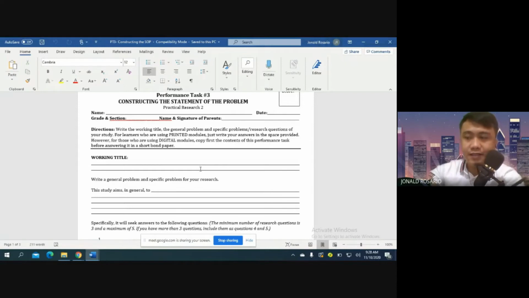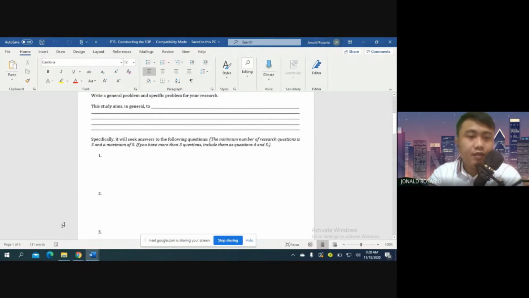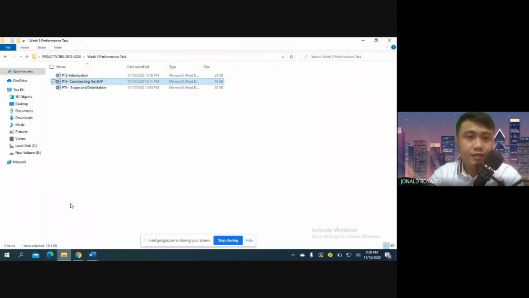Sa mga GAS, nag-send na ako ng sample. Pagka makakita pa ako ng more samples, isend ko ulit sa inyo. Sa mga TVL, magsisend pa lang ako ng sample. Okay, so that is constructing the statement of the problem.